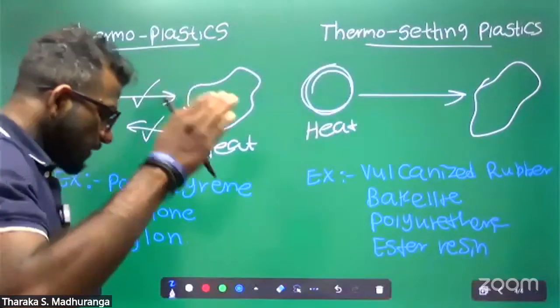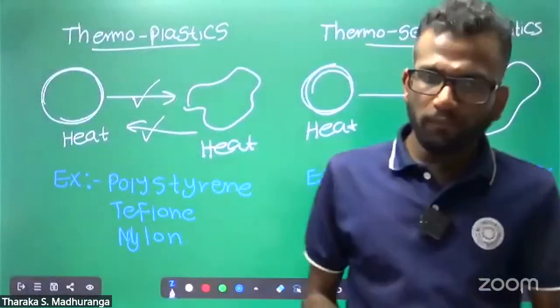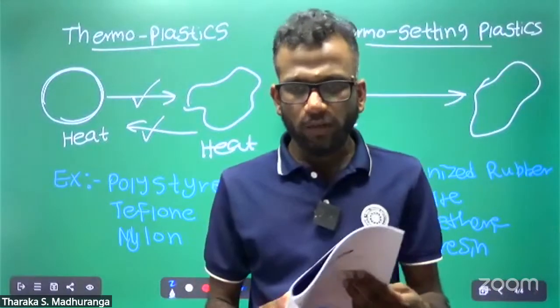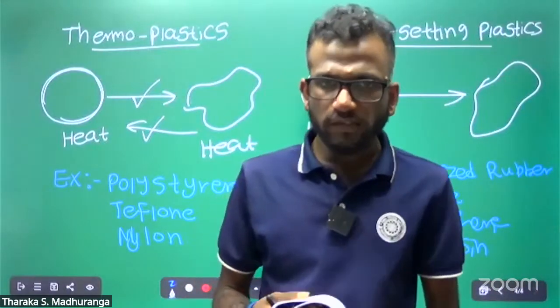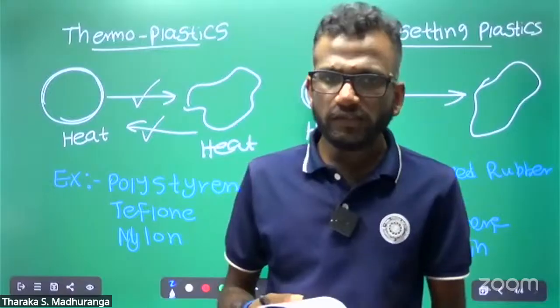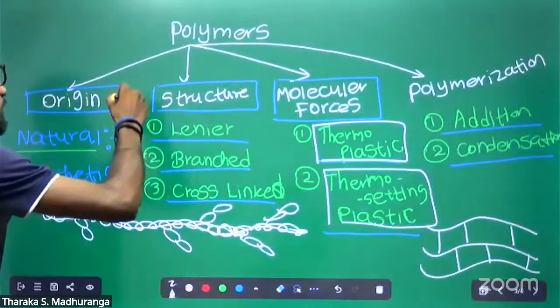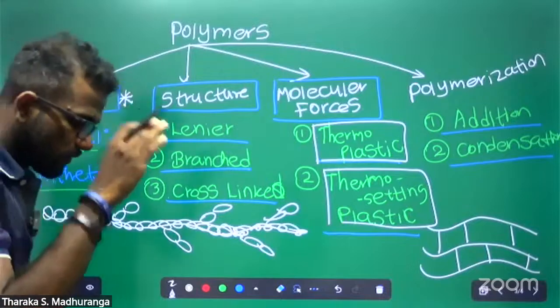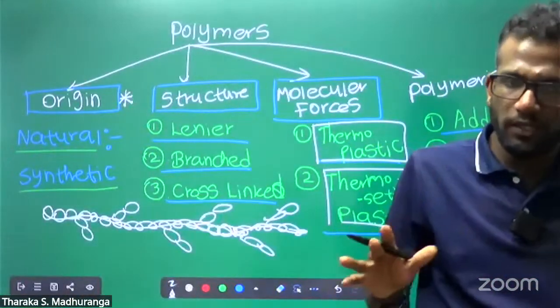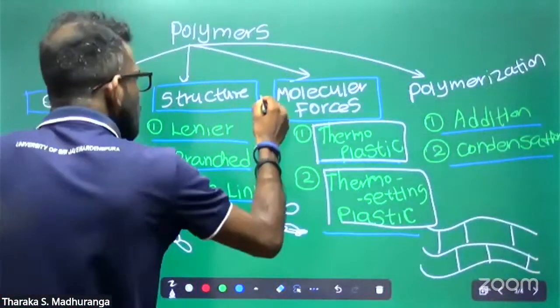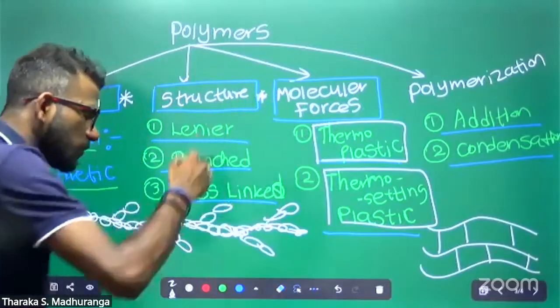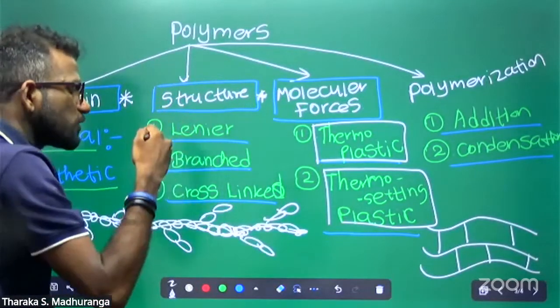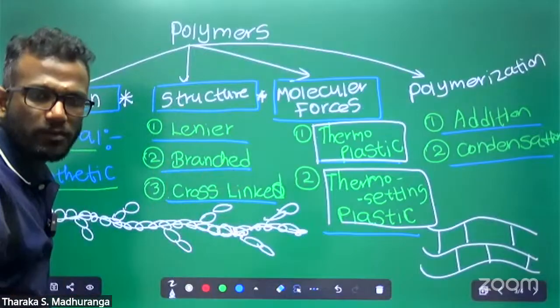Okay, now that's according to the molecular forces. Now we discussed according to the origin: natural polymers and synthetic, artificial polymers. According to the structures, I told you there are three main types of polymers: linear polymers, branched polymers, and cross-linked polymers.